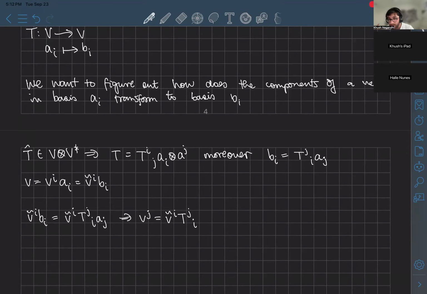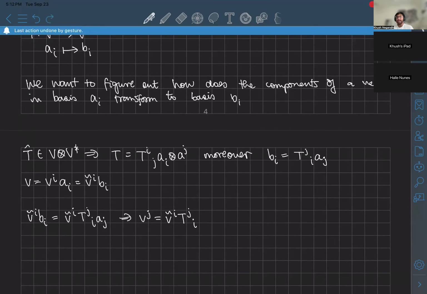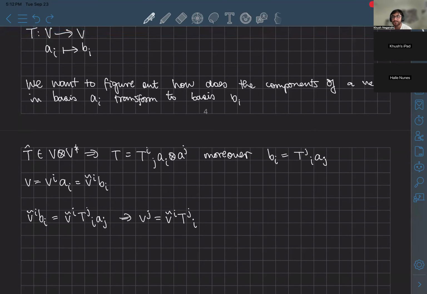So we can multiply this expression by the inverse matrix of T. If I call the inverse matrix A, with coefficients A_ij, then A_kj V_j equals this.